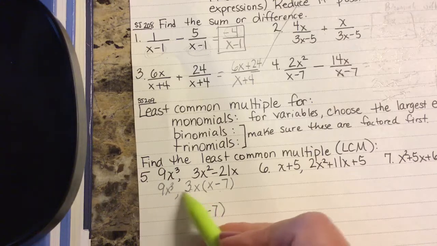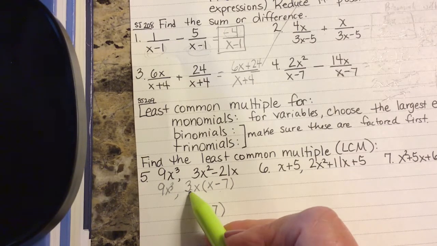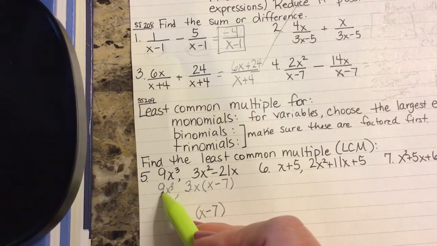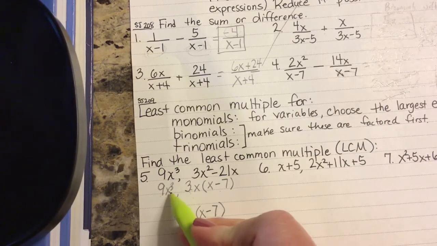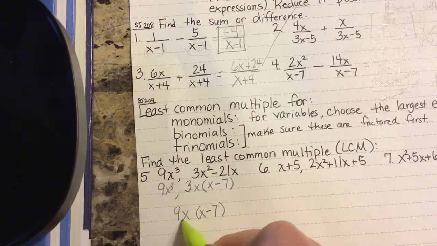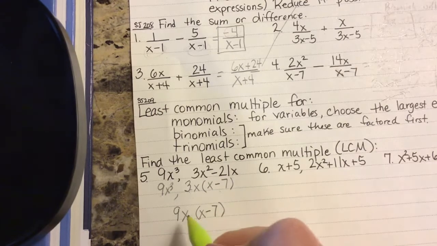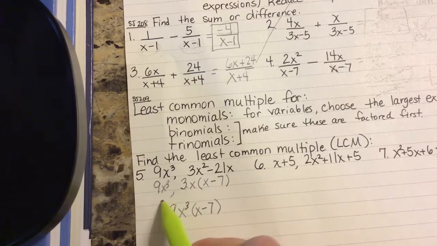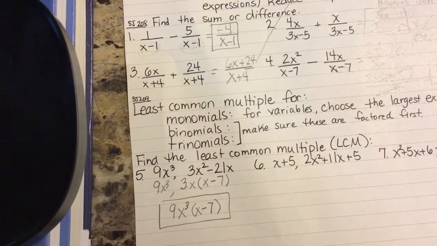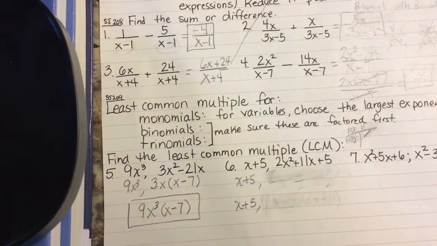So the least common multiple is going to be 9, because 9 goes into 9 and 3 goes into 9. And then here's a variable, I have x cubed and x, and it says choose the largest exponent. So 9x cubed times x minus 7. That's the least common multiple for question 5.